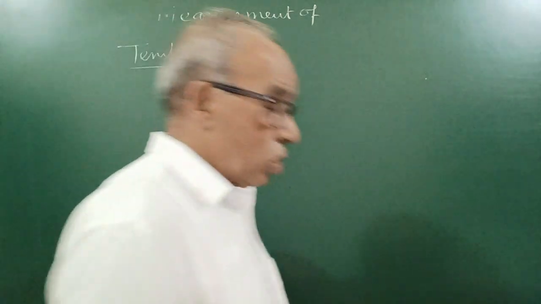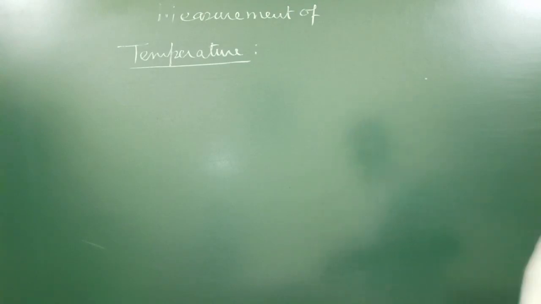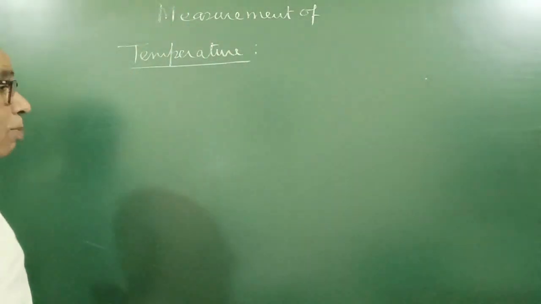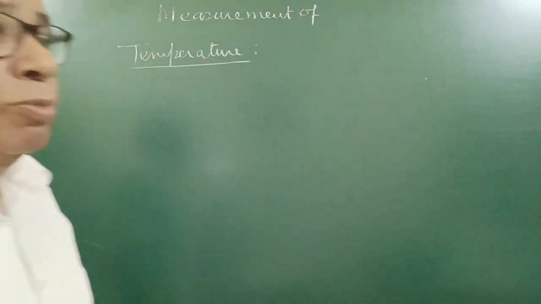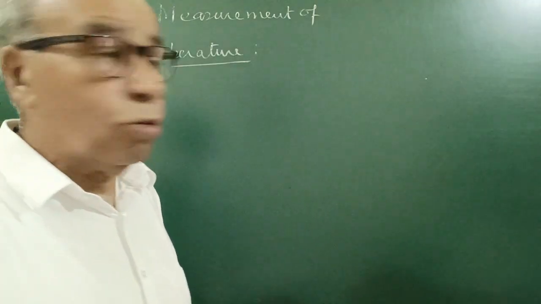Yes, dear students. In the last video, I was discussing measurement of temperature, but that remained incomplete. To measure temperature, I told you that we choose some thermometric property which varies with temperature regularly.